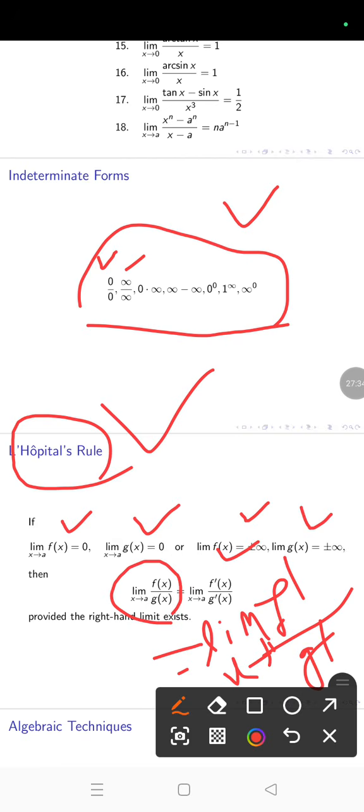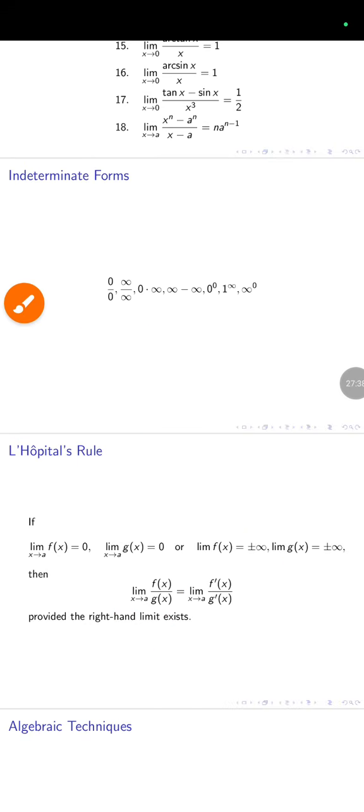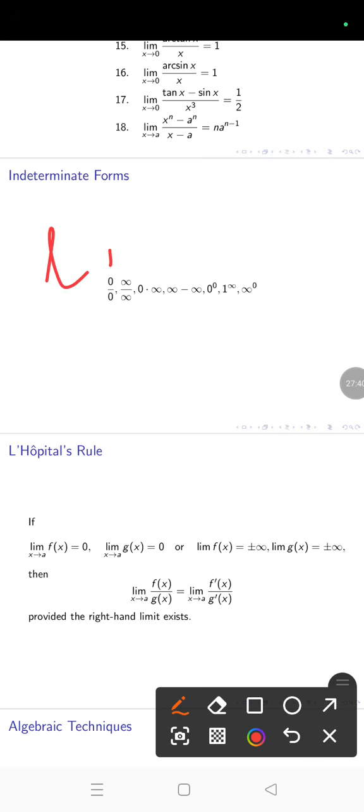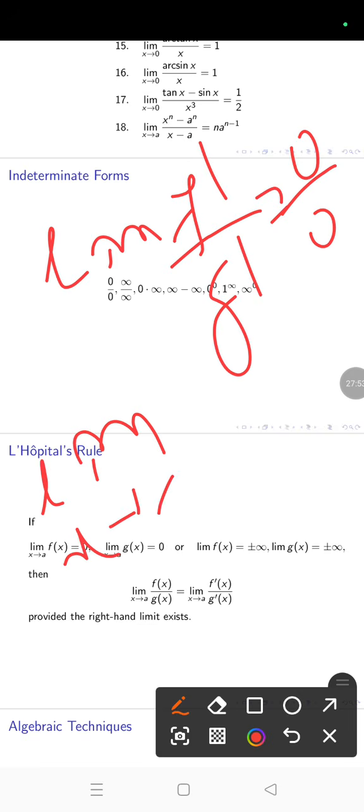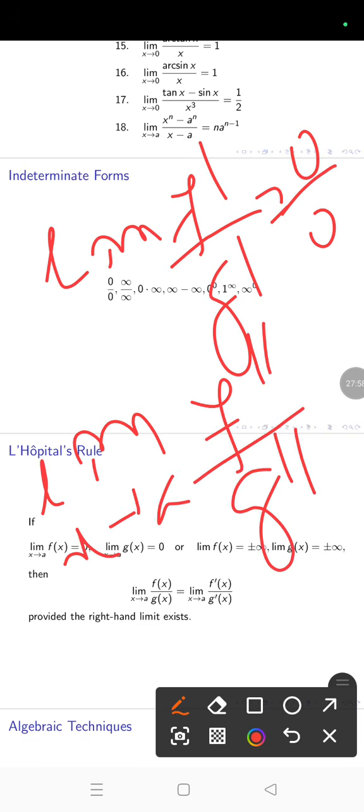Suppose again we get the limit of f dash by g dash is 0 by 0 form. Then again we have to differentiate. That means the limit will be equal to the limit as x tends to a of f double dash divided by g double dash. Separately differentiate the numerator, differentiate the denominator, then take the limit as x tends to a.